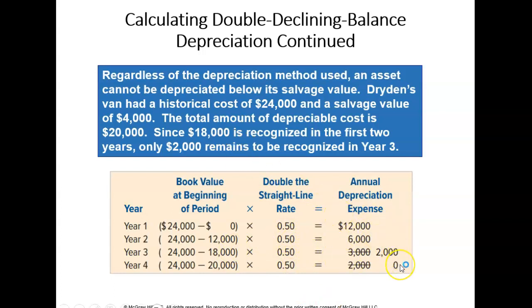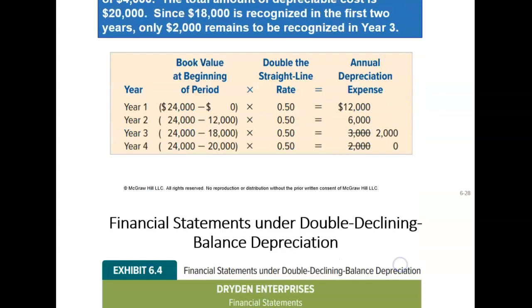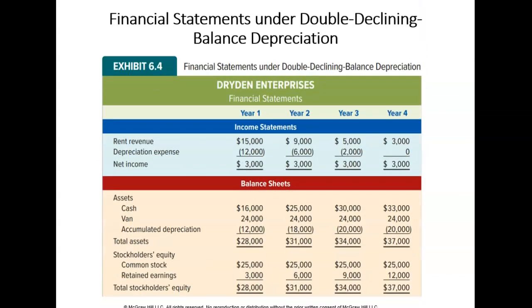Therefore, in year four for this van, you're not going to recognize any depreciation expense. Okay, so here we see the statement presentation on the double declining balance method. Here you're seeing the expense amount being recognized each year.